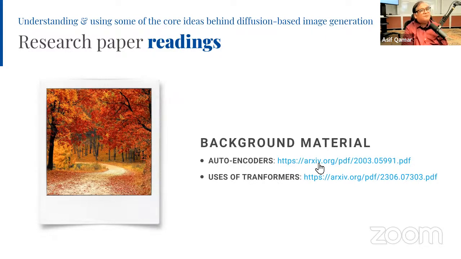There are all these wonderful websites, literally called awesome autoencoders and awesome GANs and so forth, that are curated lists of the wonderful things you can do with these. Check them out. The uses of transformers paper was written last year. I think it is still very relevant. It's sort of a compendium of all the different uses transformers and LLMs have been put to. You may want to do some background reading.